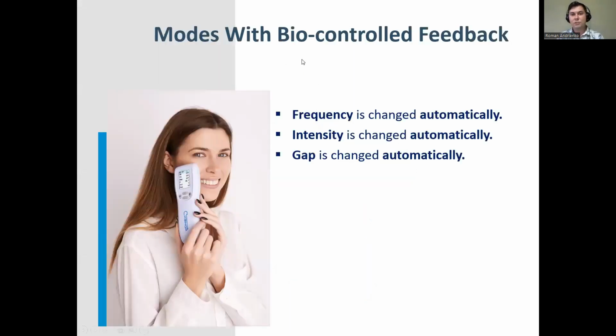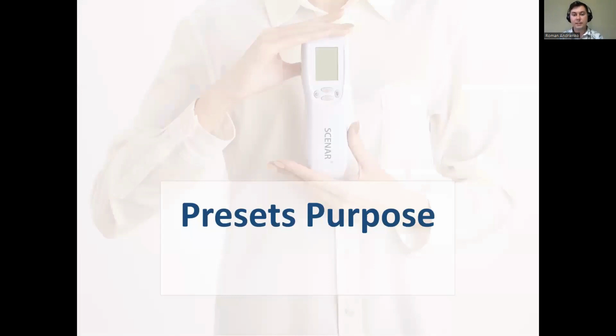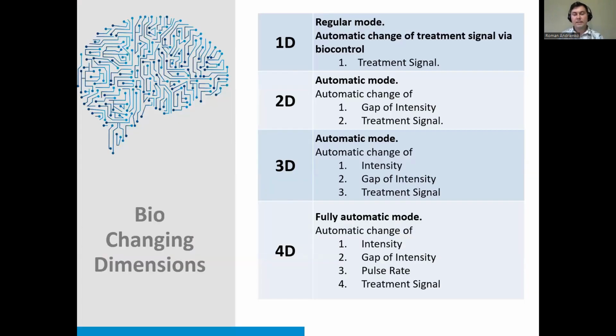Right, the presets with biocontrolled feedback means that the frequency is changed automatically, the intensity is changed automatically, and the gap is also changed automatically. Remember that in the very beginning of this presentation, I mentioned that the presets form a 4-dimensional structure of therapy. And yes, there are like 4 dimensions.